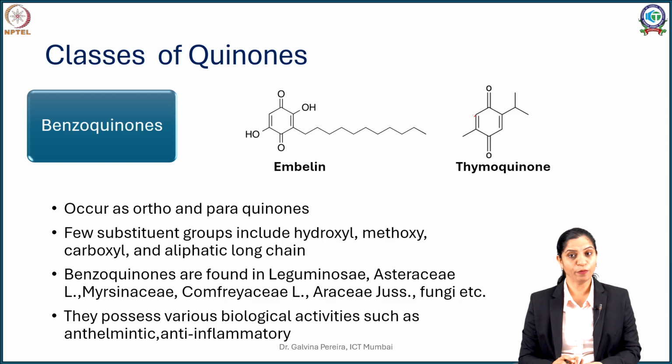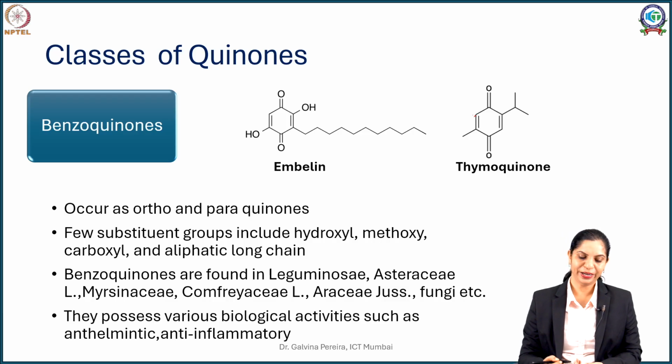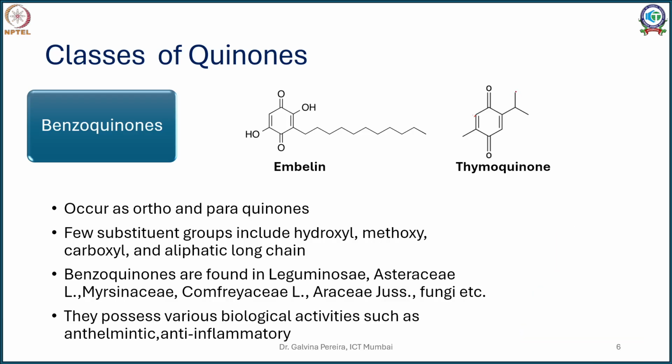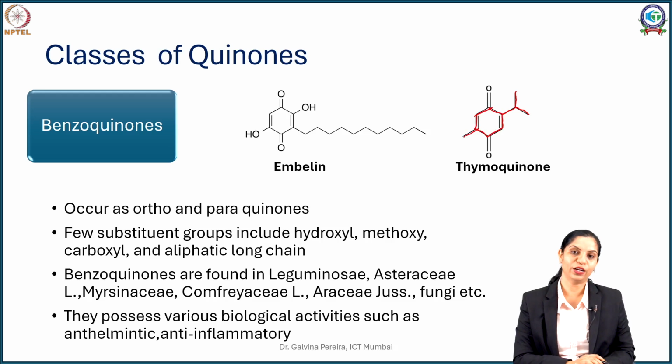Now once quinones are formed, like we saw in biosynthesis, they will undergo hydroxy substitution to change their polarity. Now as compared to embelin, if you see this second compound thymoquinone, you can recollect this structure. If you recollect this structure, you will understand that this is typically a C10 that we studied previously when we did our volatile oils.